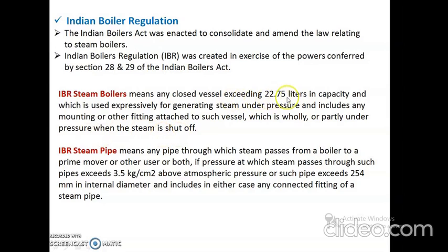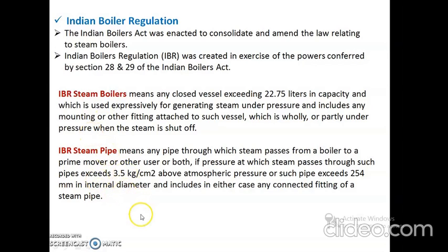So a boiler is more than 22.75 liters in capacity, and when you shut off the mountings, the vessel comes under pressure. So this is the IBR definition of the boiler.